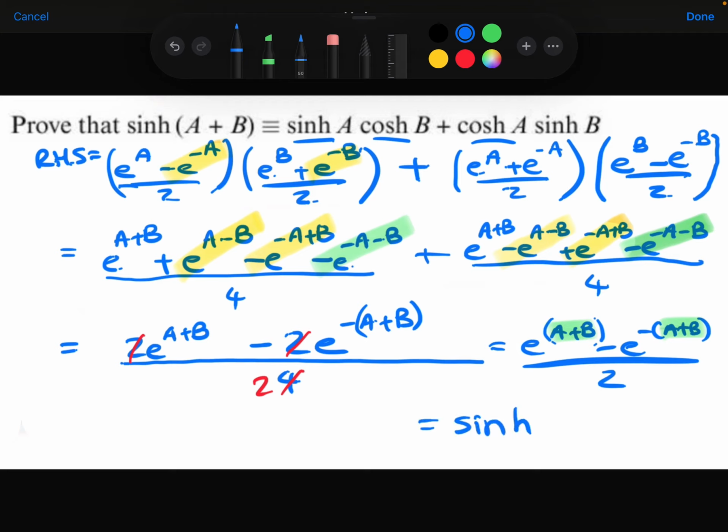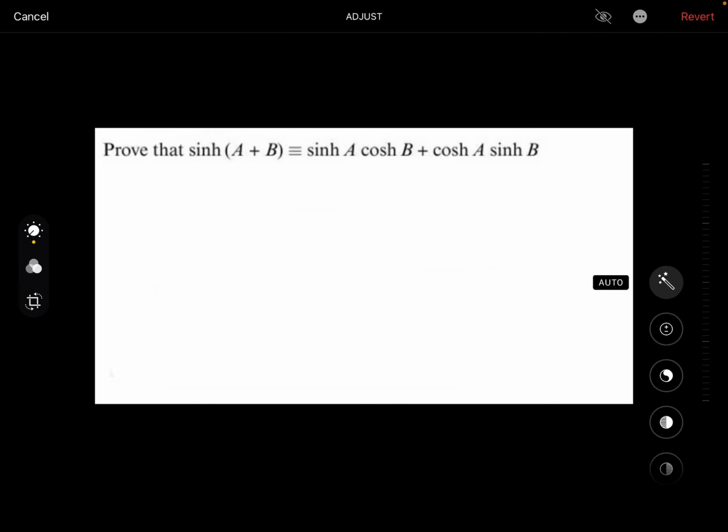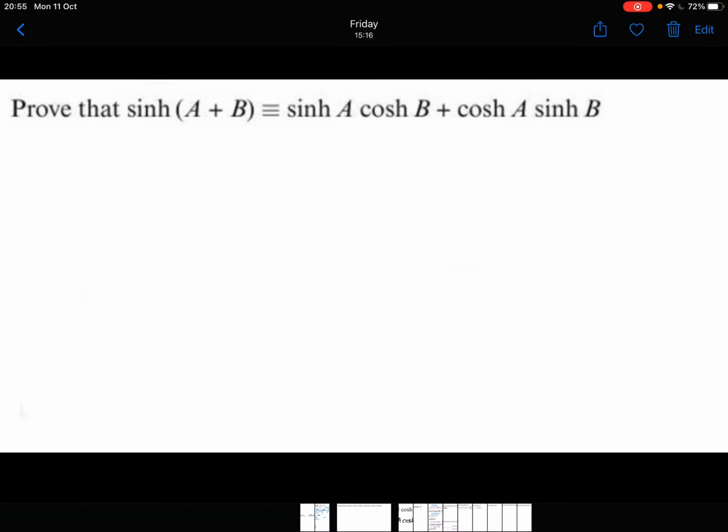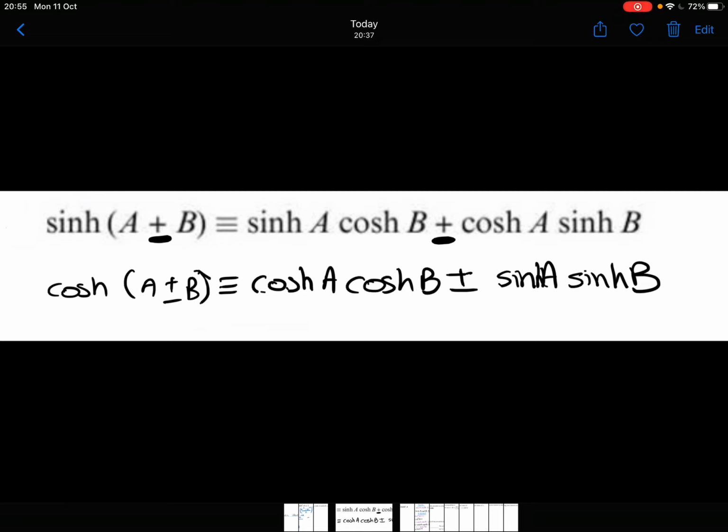I've got sinh of A plus B, which is the left-hand side. So that's proved. We could do similar things with the other addition formulae to get these things. Again, these should look very, very familiar, but maybe with a slight twist or two.